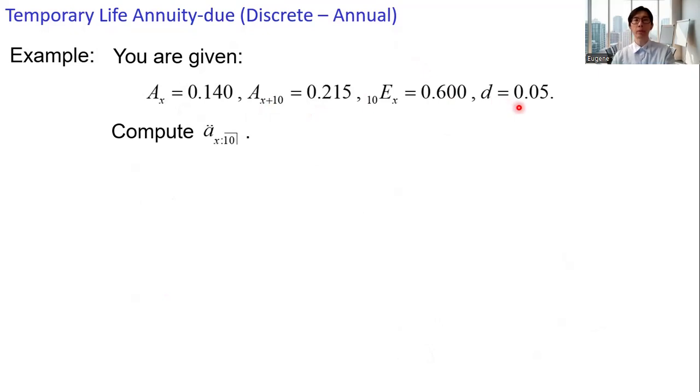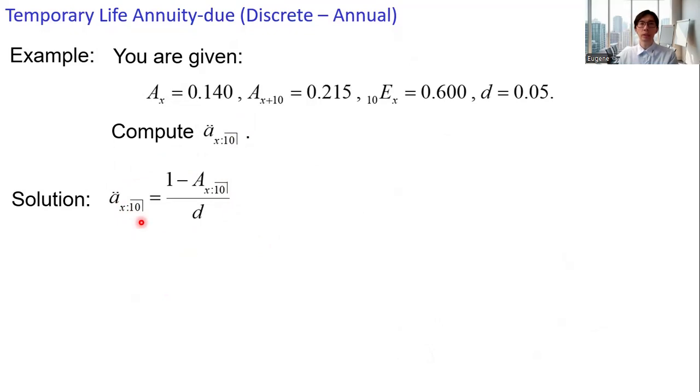And we are asked to compute the expected value of a 10-year temporary life annuity due. Let's take a look at the solution. We need to get the expected value for the annuity, and we are given the expected value for the insurance. So make use of the Y-Z relationship.